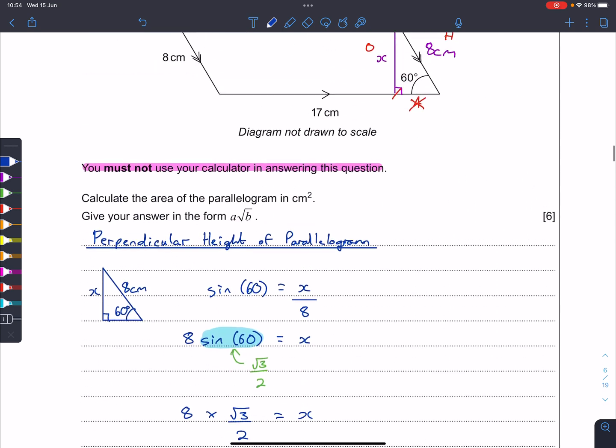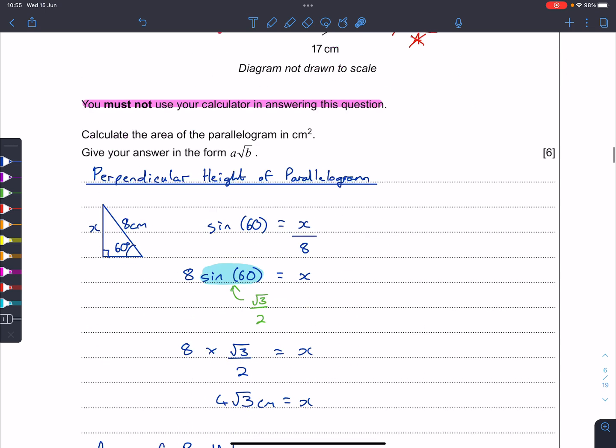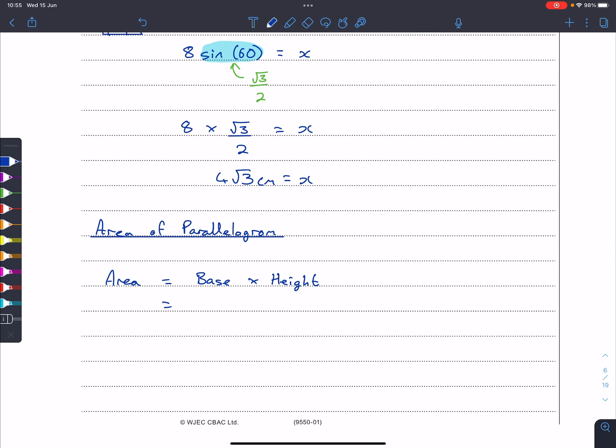So the base we have here is 17, and the perpendicular height is this x. So it is 17 multiplied by 4 root 3. So 17 times 4 is 68. So we have 68 root 3, and our units were centimetres, but because this is area, we have area squared, so centimetres squared, and that would be our final answer.